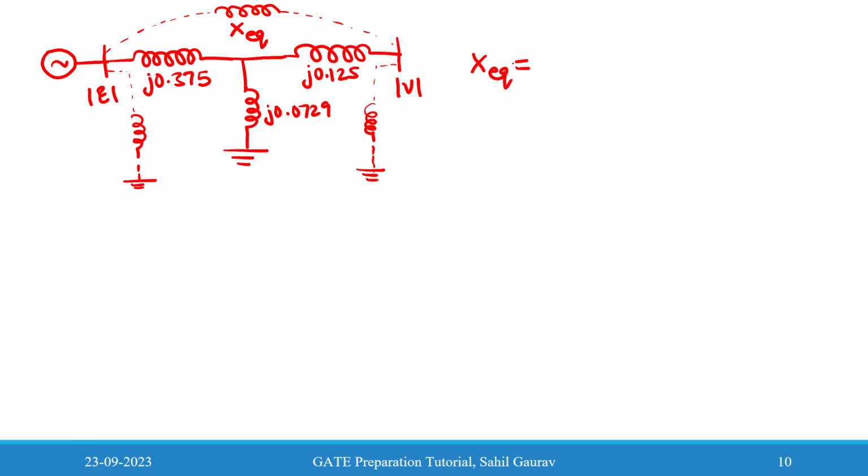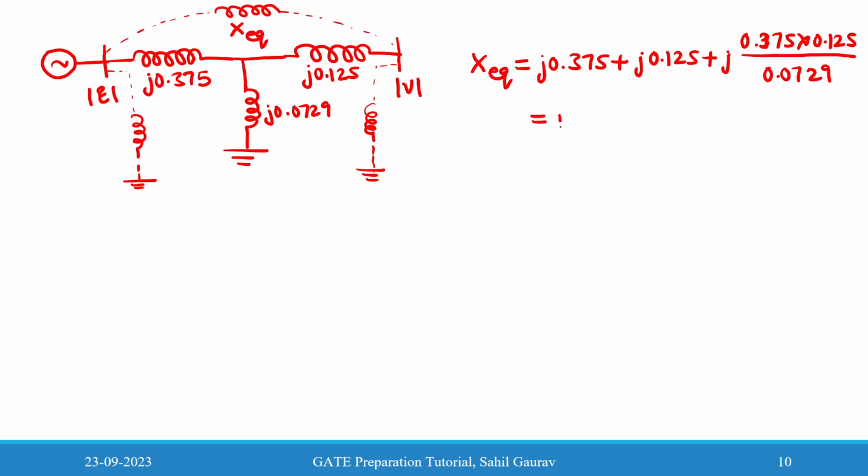For X equivalent, whatever reactances we have, just add the beside reactances j0.375 plus j0.125 and j0.375 into 0.125 divided by the opposite one, j0.0729.